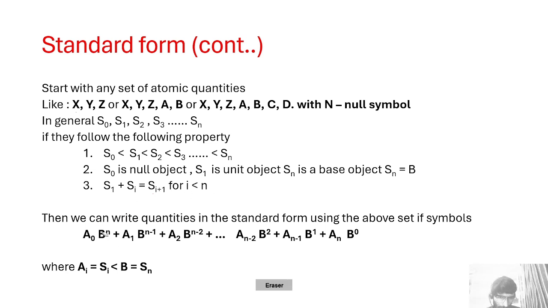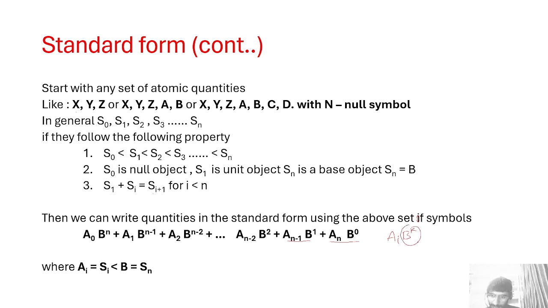So we can write the quantity in standard form using the above set of symbols, right? We have the terms in the form a_i b^k, right?